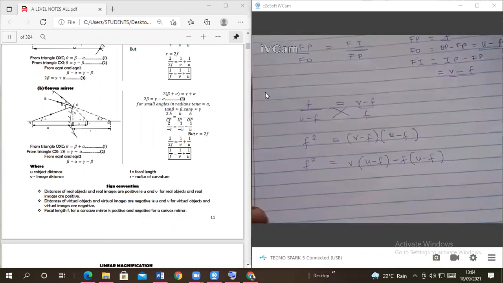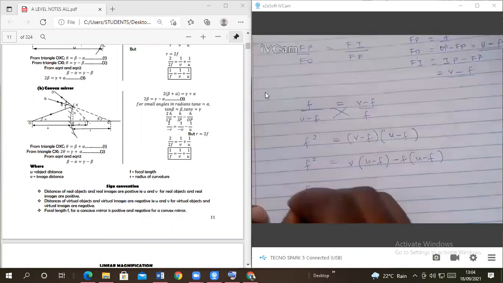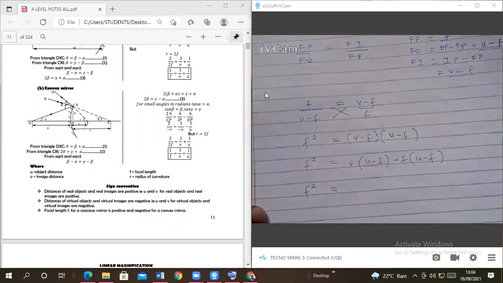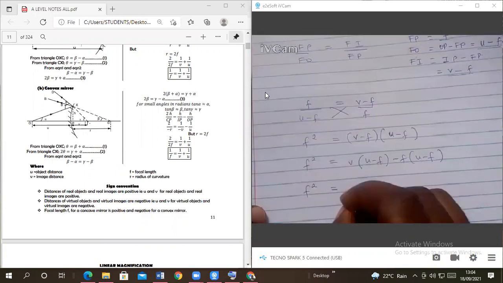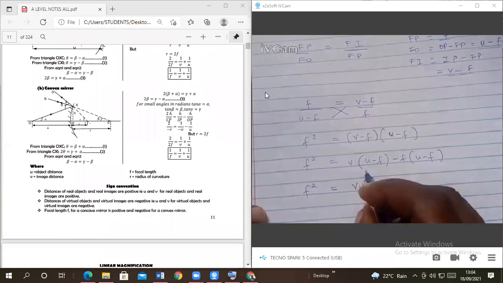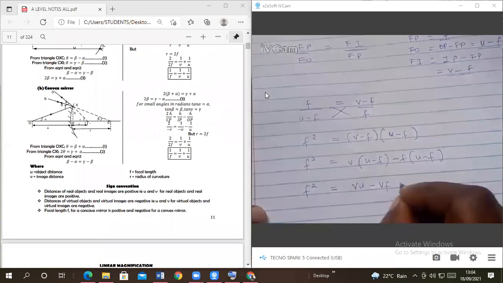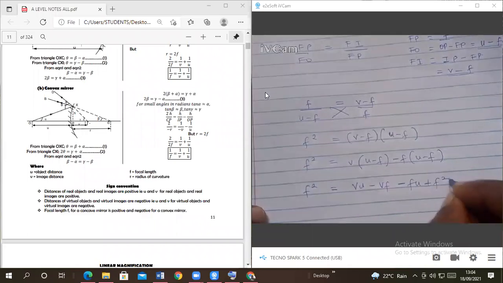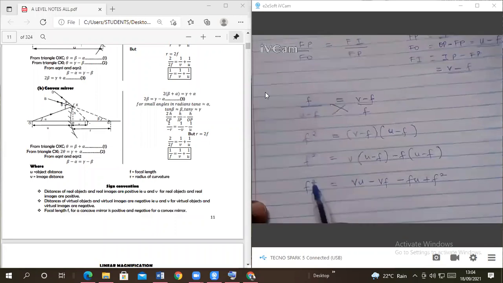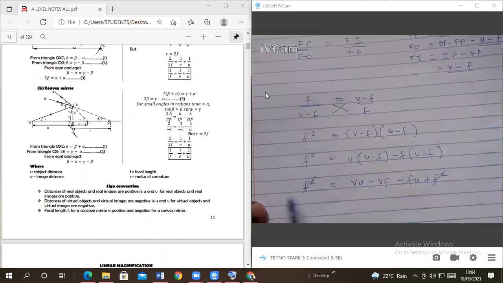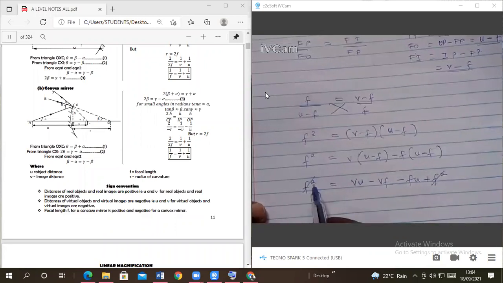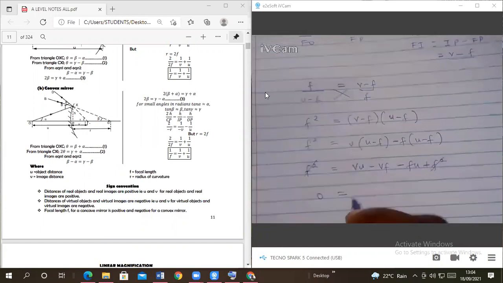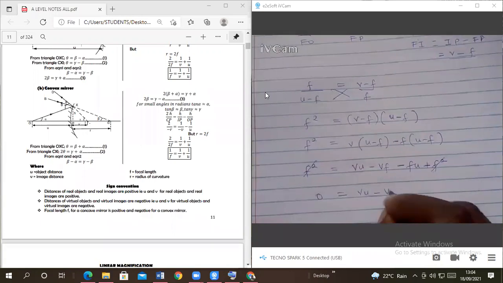Okay, hope you are following. So I'll get F squared equals, open brackets, UV or VU minus VF minus FU plus F squared. So this F squared and this one, in other words, you get 0. If you bring F squared this side, you get 0. So this side I have 0 equals VU minus VF minus FU.